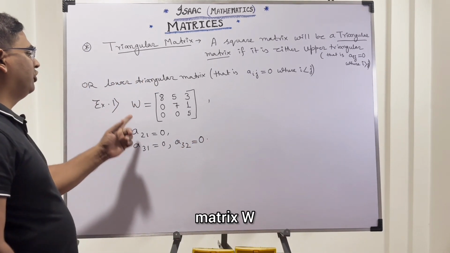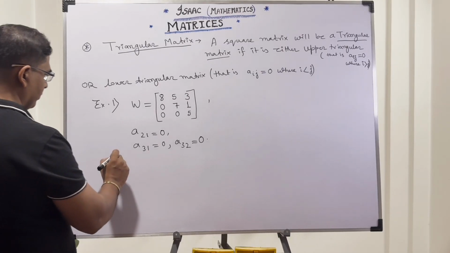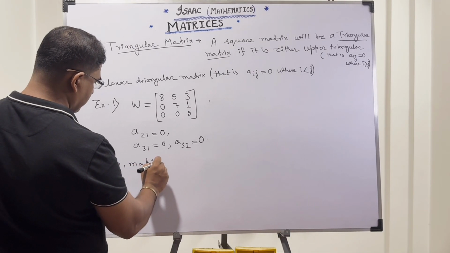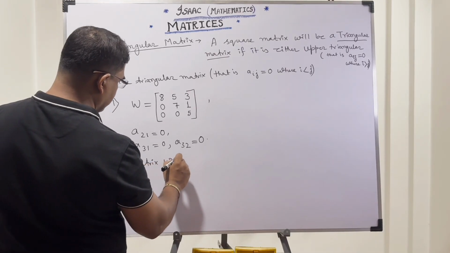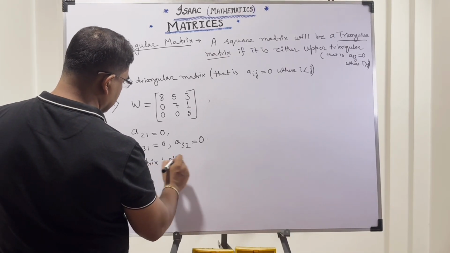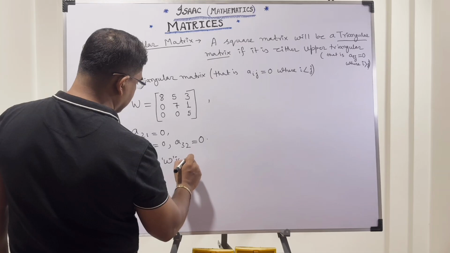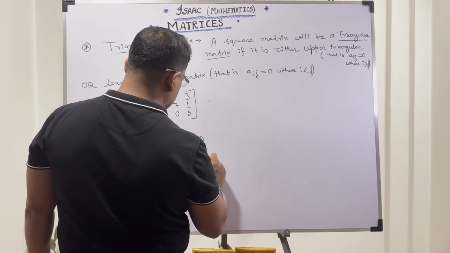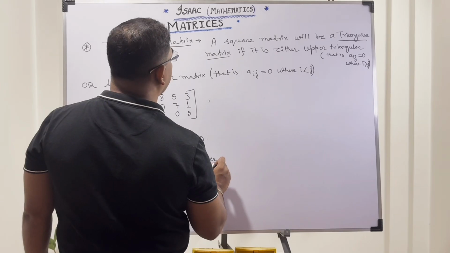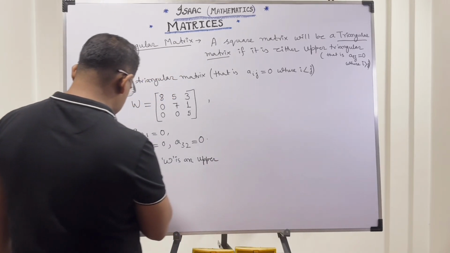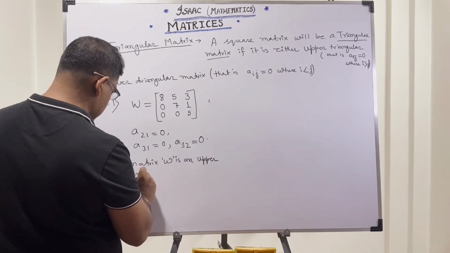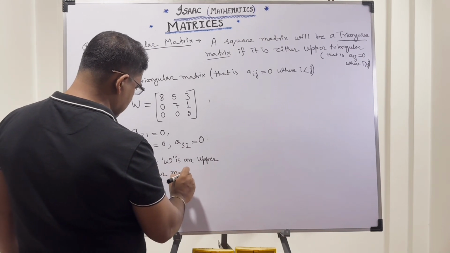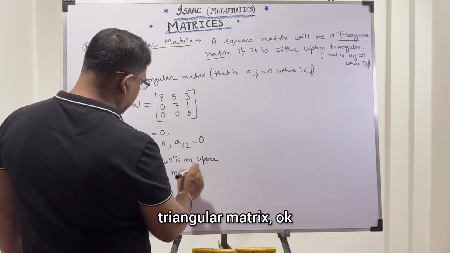So matrix W is an upper triangular matrix. Okay.